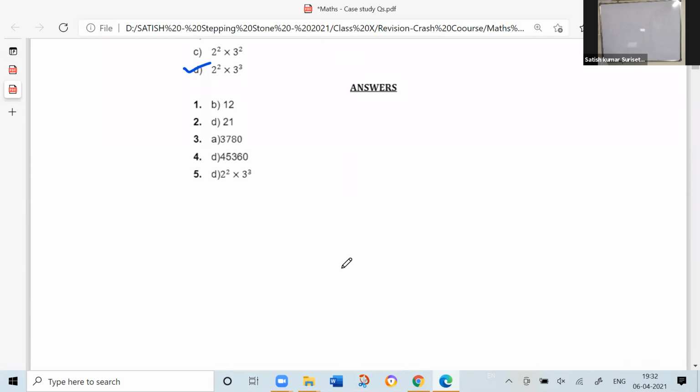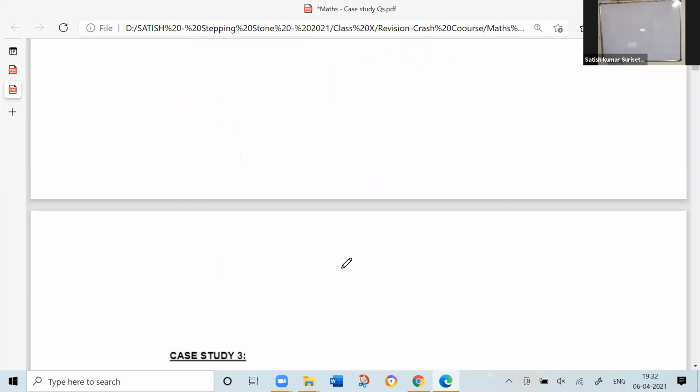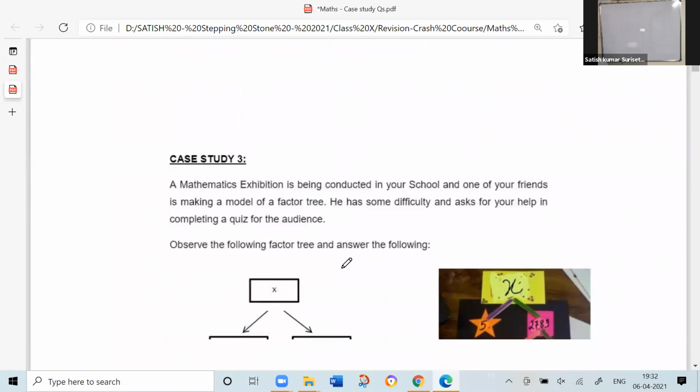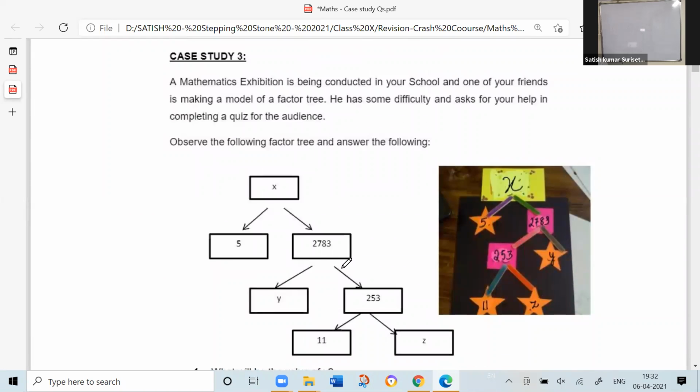Now, shall we move to the next? One more case study. If you observe your textbook, these are actually the problems only, but they are converted into case studies. Now, go through the third one.